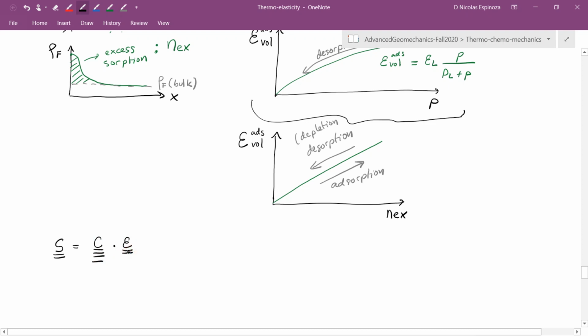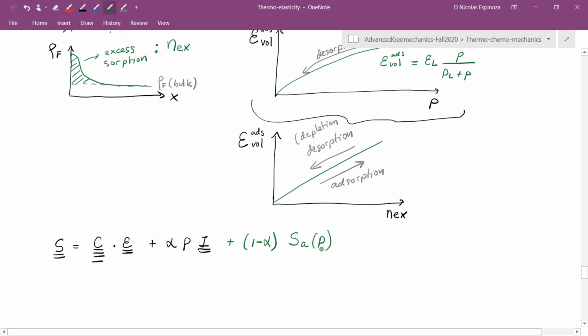This is going to be the poroelastic part at the beginning that we already know. And now there's going to be an additional term which depends on something that we call the adsorption stress. And this adsorption stress is a function of pressure.